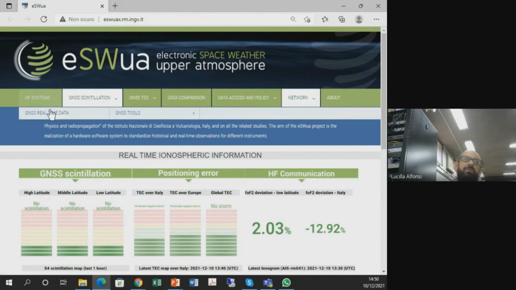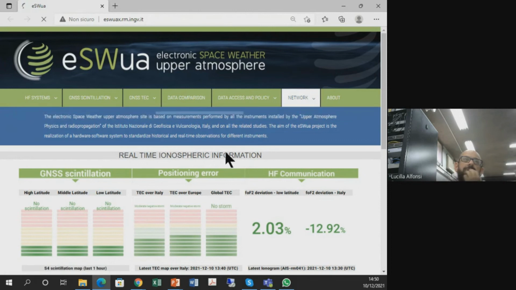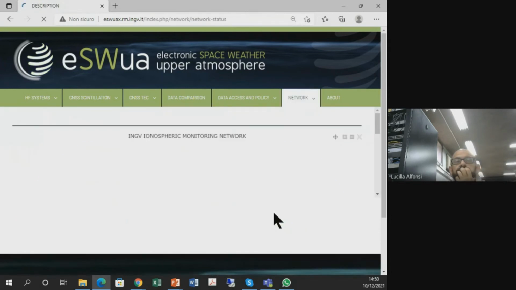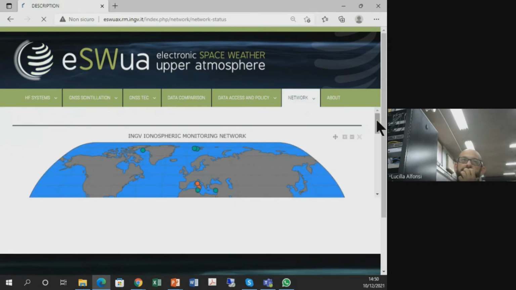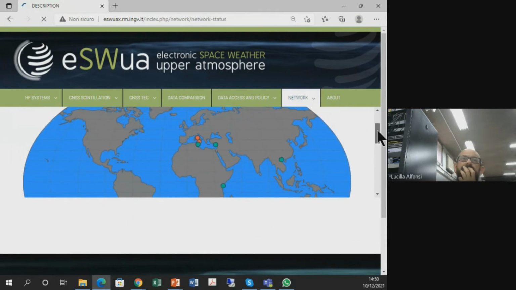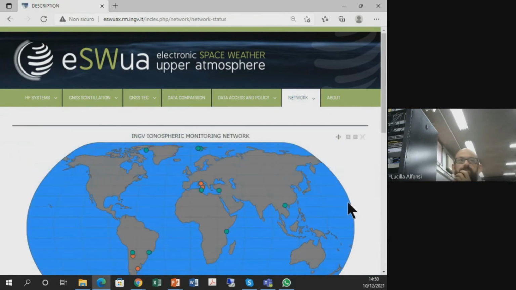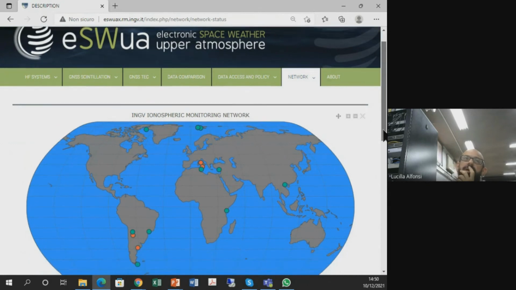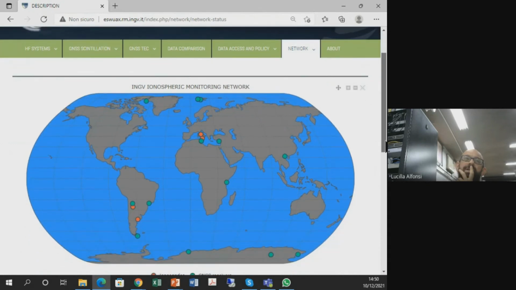So first of all, let me show you our network. Here you have this map, from which you can get the position of the GNSS scintillation receivers we are managing, the green dots, and the ionosondes we are managing, the red dots.